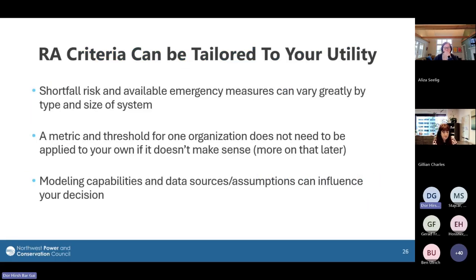The key here is that these could be tailored to your utility. A shortfall risk in size for one utility does not have to be the same for another. We talked about that from the normalization of the EUE, and a metric and threshold for one organization may not be most applicable to your organization. It could, but it doesn't have to be. And really the key here is that the modeling capabilities and the data sources and assumptions you use can influence your decision about what metrics you end up deciding.